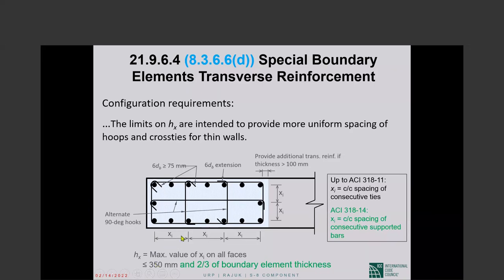The X sub I in the picture is spacing between, it was center to center spacing of consecutive ties, the spacing between center lines of the ties or cross ties. 318-14, it became center to center spacing of consecutive supported bars. So there is a subtle difference between, it's minor, but again, it is a change.